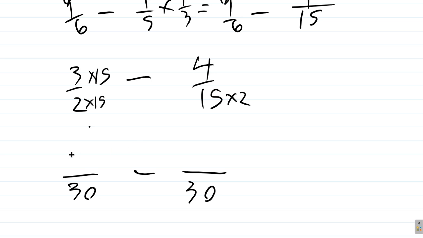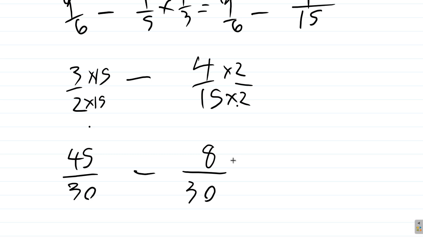3 by 15 is 45. Alright, minus. If you multiply the bottom by 2 here, you multiply the top by 2 as well. So 2 over 2 is 1. The answer looks different from the original number, but it actually has the same value. Alright? So 4 by 2 is 8.